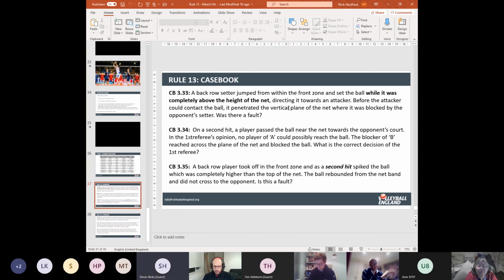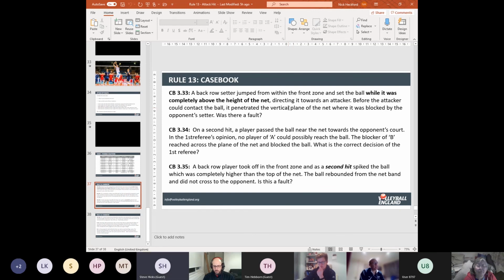But the ball might not even have been going into the opponent's court just because a wee bit of it is poking over the net. Right. So in that instance, if the ball wasn't going towards the opponent's court at any stage, and it didn't penetrate the vertical plane of the net, then the blocker would be at fault for reaching beyond the net. Well, no, we've said the blocker is touching the wee bit of the ball that is over the net.